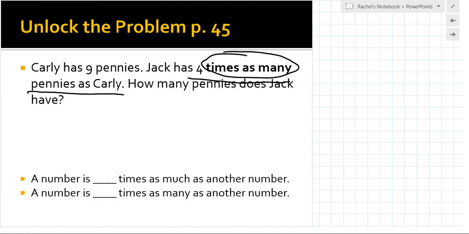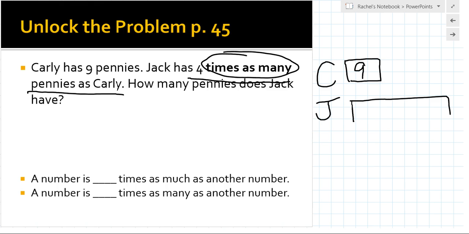This times as many tells us it's a multiplication comparison. So we're also going to use a bar model, and you'll see bar models in these first 2 lessons in our chapter, where students start with the quantity that they know, and that's Carly, and Carly has 9 pennies. We don't know how many Jack has, but we do know that Jack has 4 times as many.